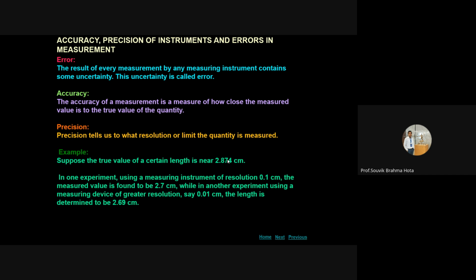So the true value is 2.874 centimeter. Now you are using an instrument with 0.1 centimeter resolution, and you get 2.7 centimeter. While in another experiment using a measuring device of greater resolution, say 0.01 centimeter, you get 2.69 centimeter.